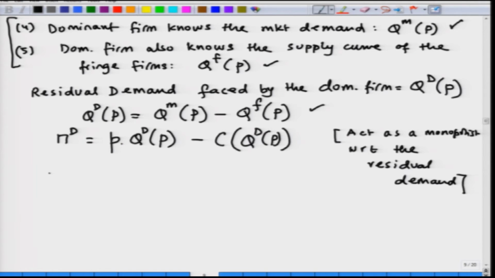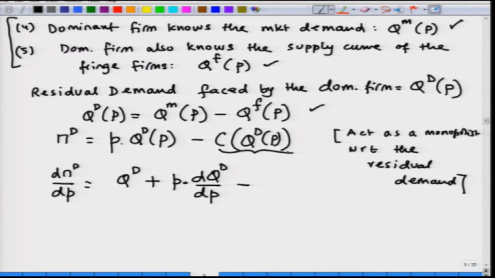So, if I take the derivative with respect to price, essentially we have QD, suppressing the P here, plus P times dQD dP minus the derivative of this term, which is going to be dC dQD, also suppressing whatever is inside the bracket, times dQD dP, and I would set this equal to 0. So, the monopolist is either choosing the quantity and figuring out the price, or can figure out the price and therefore figure out the quantity from the demand curve.